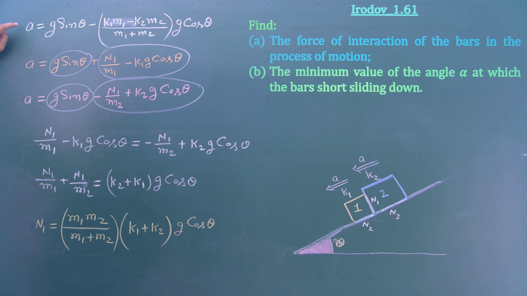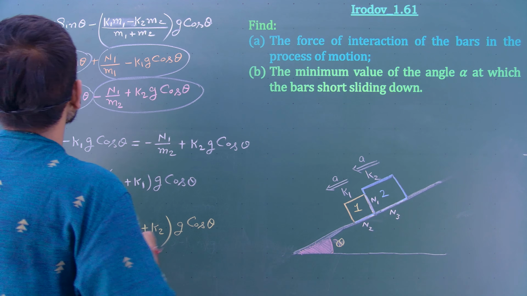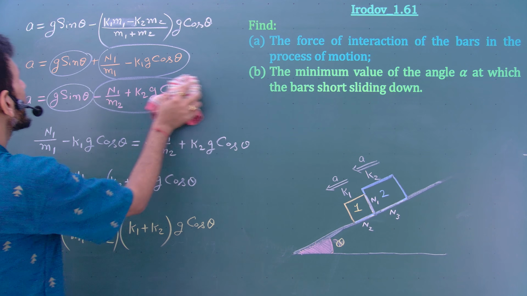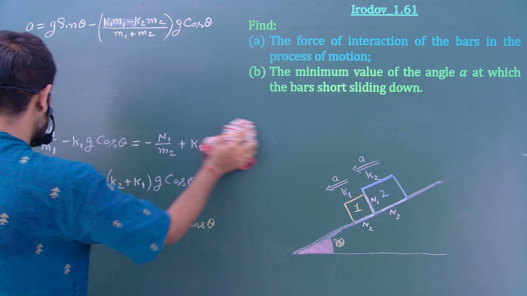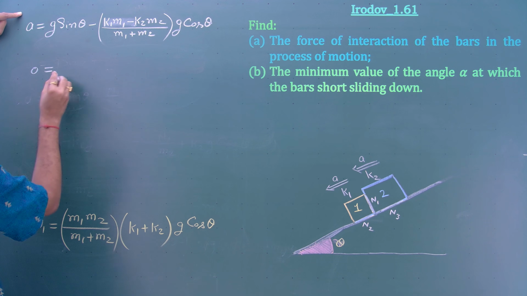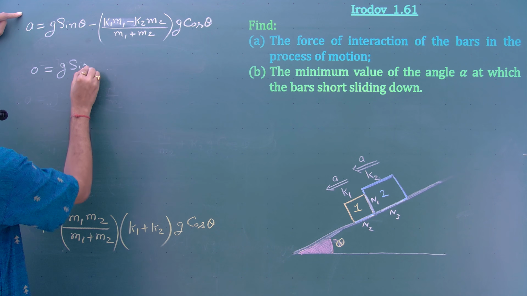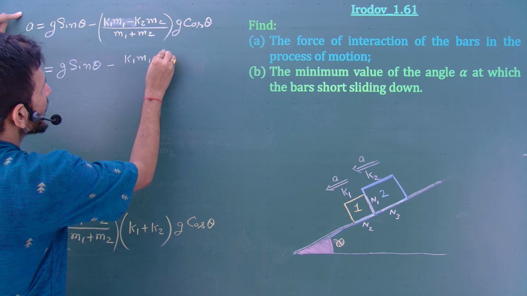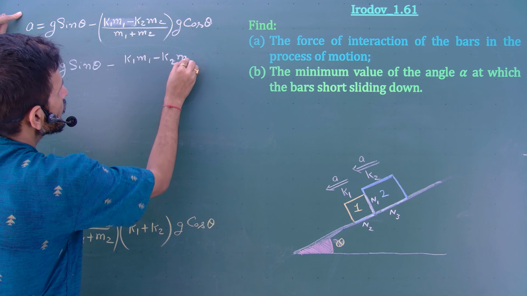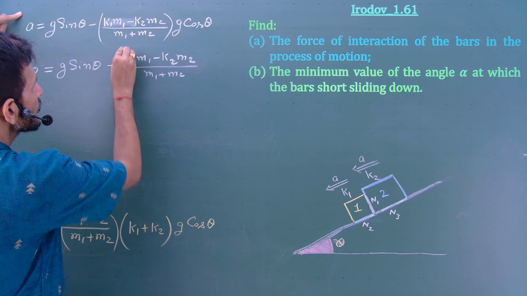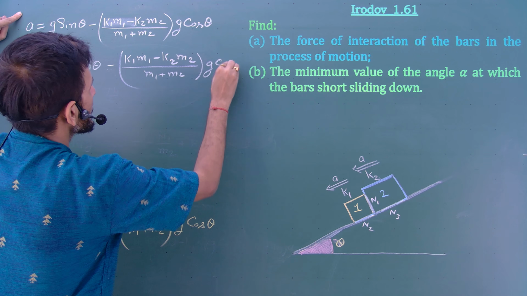It means just sliding occurs. It means acceleration is just above zero. So for approximation we can put the value of a as 0 and find the value of theta. So when acceleration is 0, this part is 0, it means g sin theta minus (k1 m1 minus k2 m2) divided by m1 plus m2 into g cos theta.